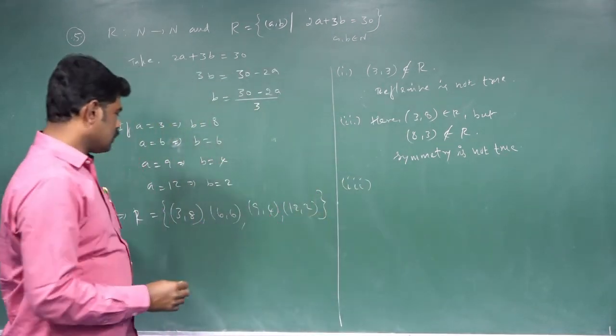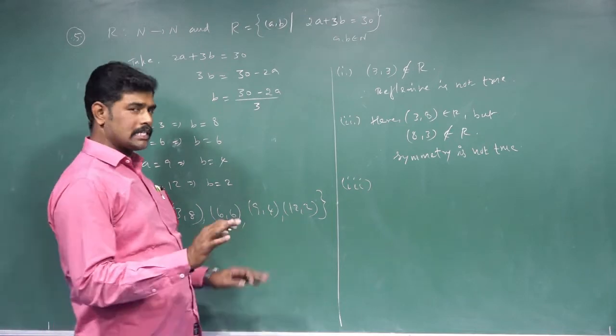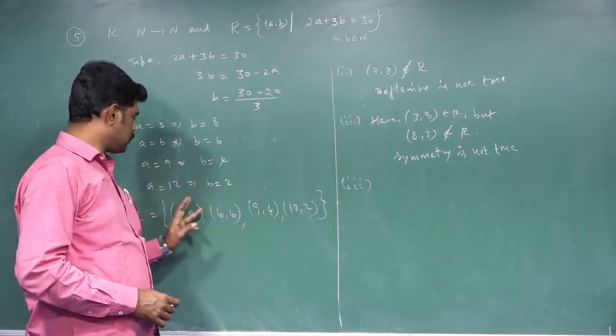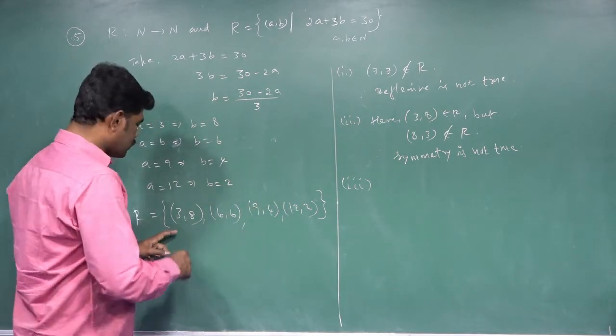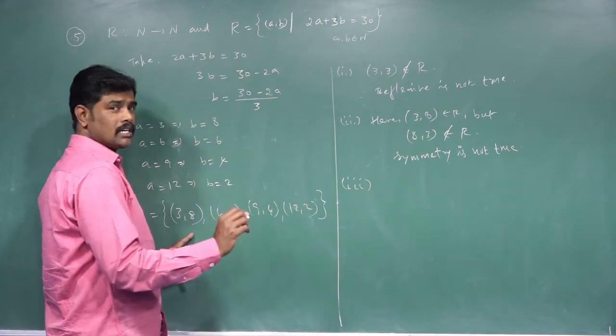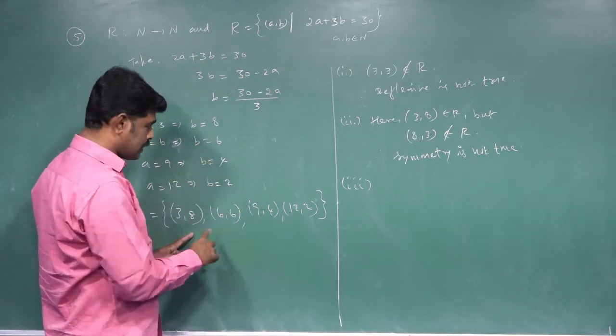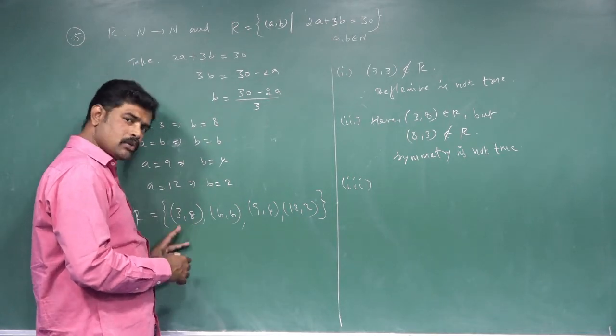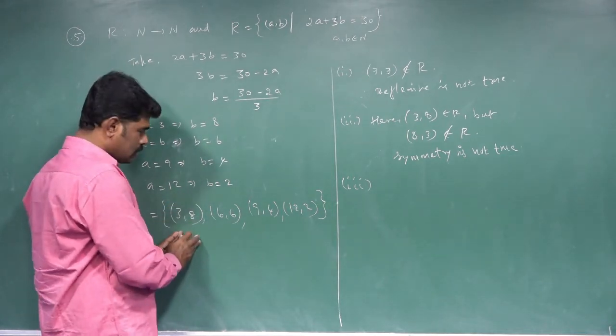Third case, is this transitive? It is transitive only. How? You can leave the same element pair; the remaining 3 pairs only we can check. For the pair (3, 8), there should be some other pair in which 8 is the first element. Such pairs are not here, so for this pair it satisfies transitivity.